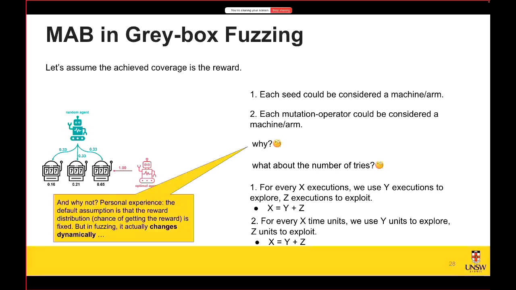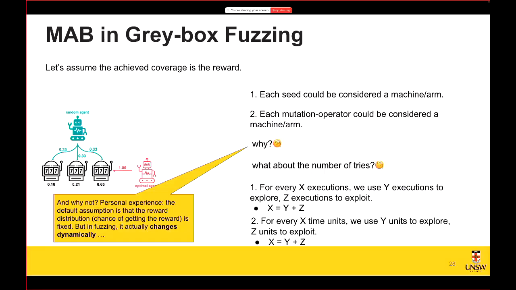This means the chance of getting a reward never changes as we pull the arm. But in fuzzing, the chance of getting the reward dynamically changes.